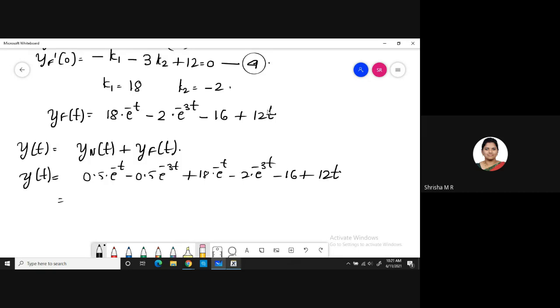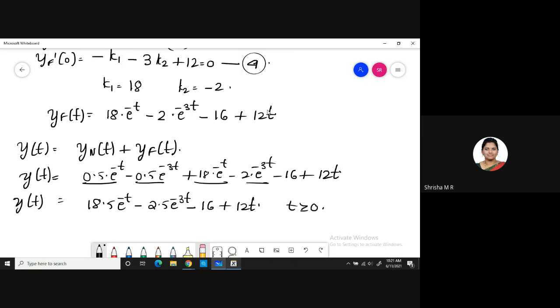Now if you want, you can solve this. These two. So you'll get 18.5 into e power minus t minus 2.5 into e power minus 3t minus 16 plus 12t. So that would be your y of t for t greater than or equal to 0.